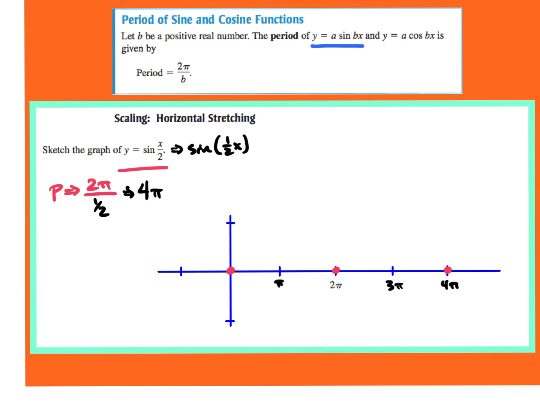What does sine normally do? It starts going up. What's the amplitude of this guy? 1. So it's going to go to 1, and then it'd go below to -1. And so now we have a sketch like that. Pretty easy. If you can do its periods, you don't have to keep substituting in.